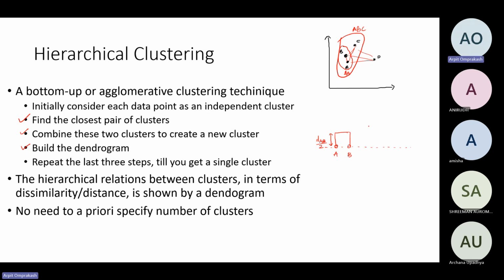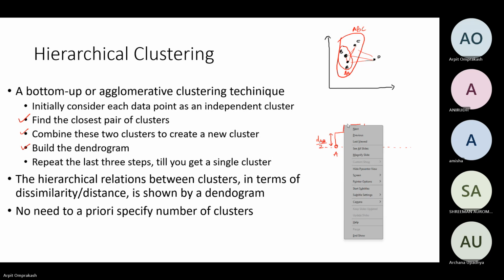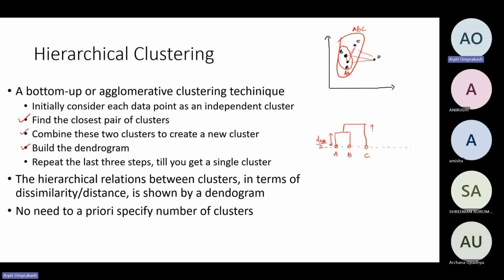Okay. So now what we'll do, we'll add a third point here. We'll again build a dendrogram. We'll add C here. And basically, we connect it like this, where this distance will be the distance between AB and C divided by 2.